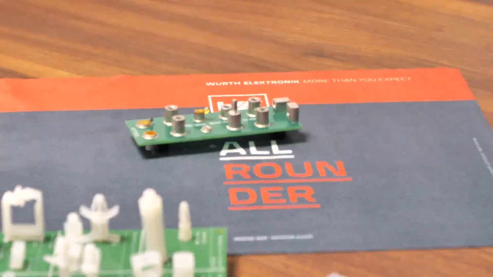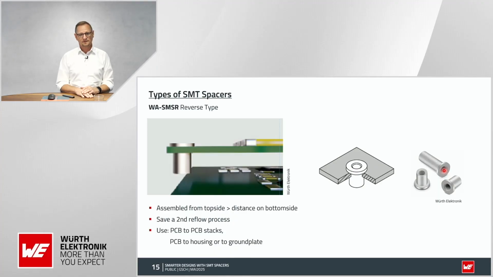It's very easy. If you have a PCB and you want to have the spacer distance on the bottom side, then you need to have at least two reflow processes. If you use this kind of reverse type, then you assemble this from the top, but you achieve the distance to the bottom.